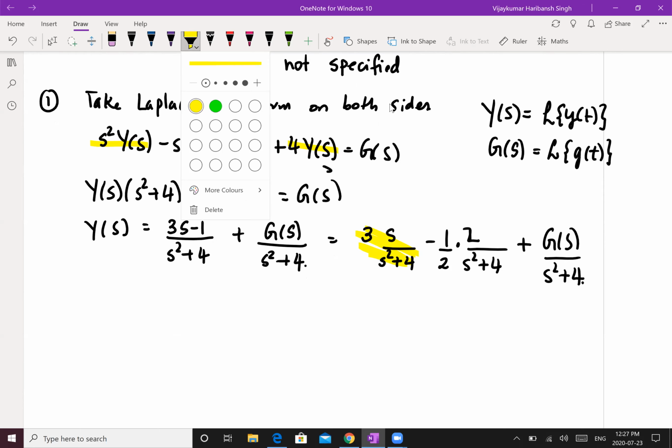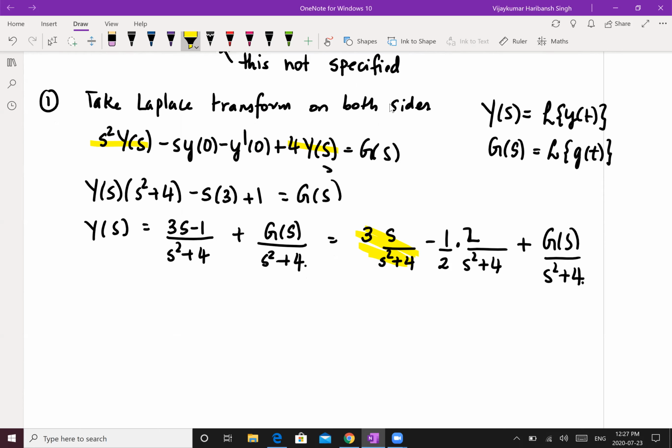Okay, so now let's look at this. So y of t is going to be the Laplace inverse of this part here. What is the Laplace inverse of that?